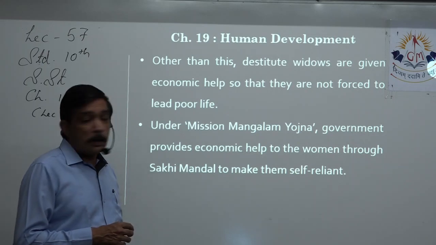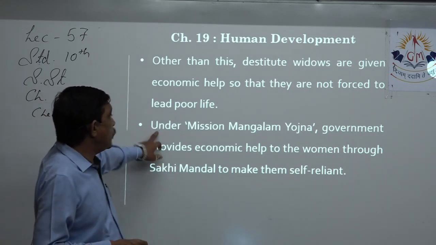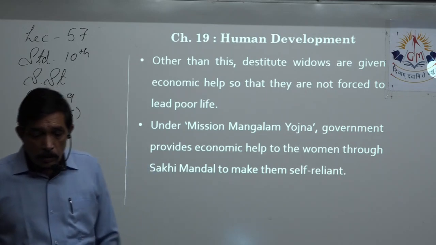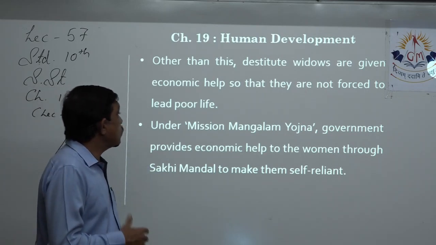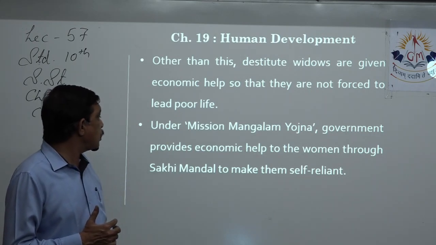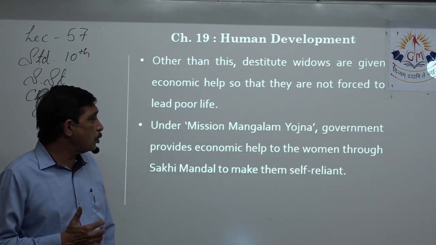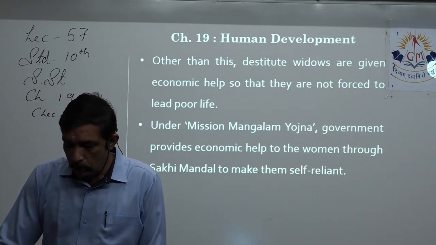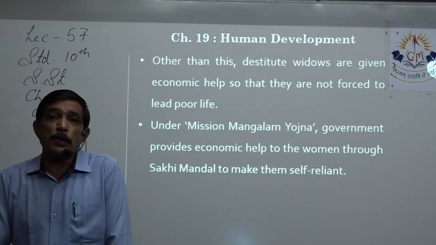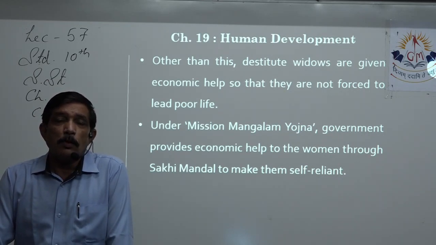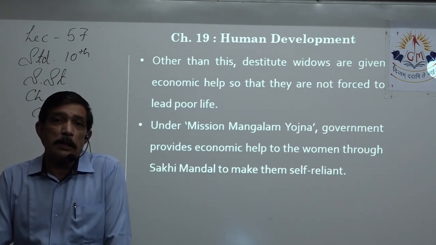Under, this is important, Mission Mangalam Yojana, we are not going to Mangal, not to the planet Mars. Under Mission Mangalam Yojana, the government provides economic help to women through Sakhi Mandal to make them self-reliant. Women have very strong unity among themselves, right? So the government encourages, for example, Sakhi Mandal.